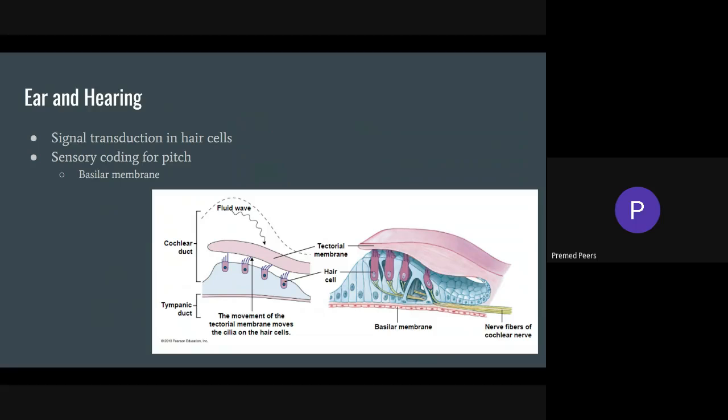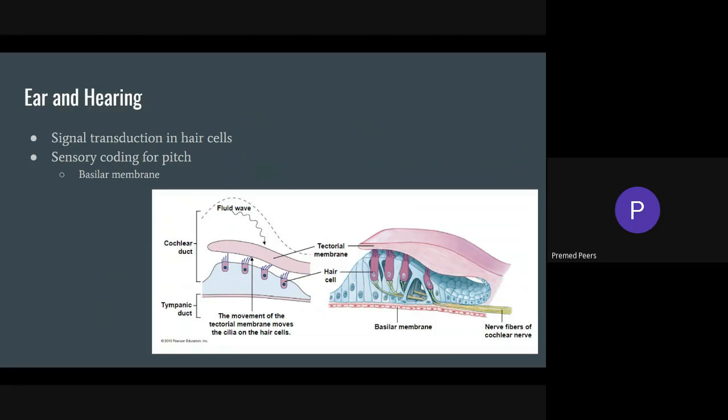And then that signal will travel to your right and left thalamus, and from there to your right and left auditory cortexes. The signal transduction in these hair cells occurs when these sound waves cause the hair to bend. When the hair bends, it causes the cells to depolarize, which increases action potential frequency in that neuron.